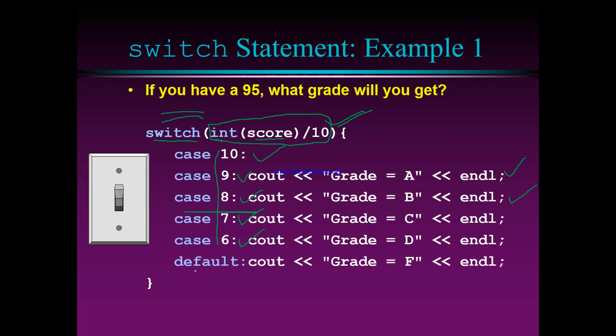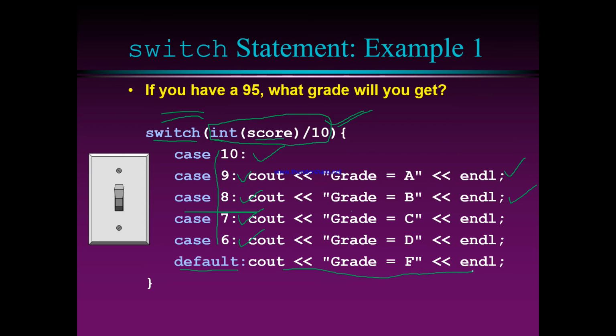And if we get 50 till 59 as the obtained score from the user, the default will be executed. So default will print out the if statement.